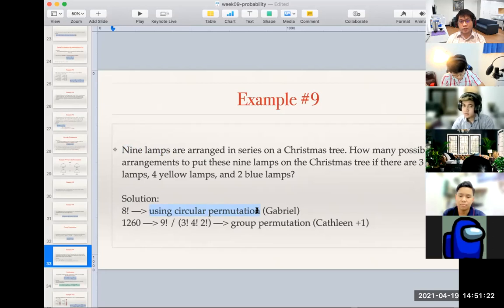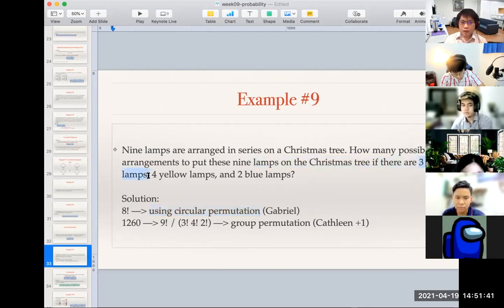Is the scope of the question only up to that point, or do they still have further requirements? Here, for the arrangement of these 9 lamps, there are some other conditions.